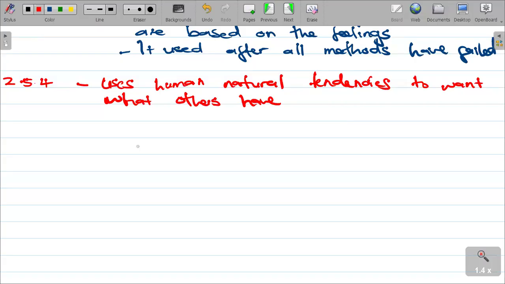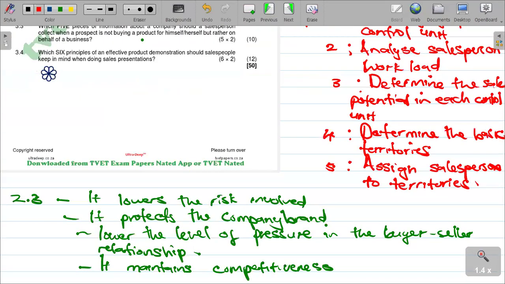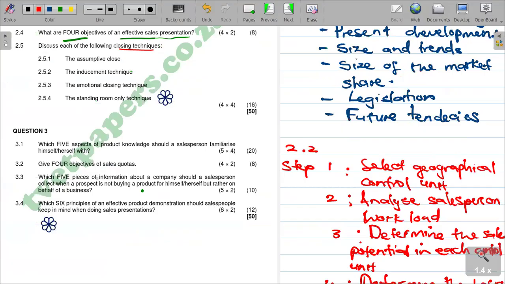Right. Let's go to question 3, 3.1. Which 5 aspects of product knowledge should a salesperson familiarize him or herself with? Right. 5 aspects.